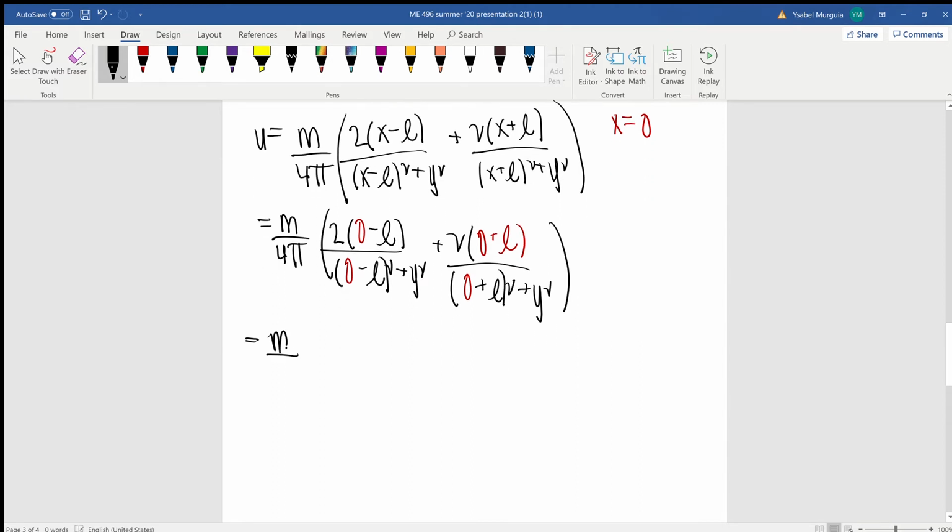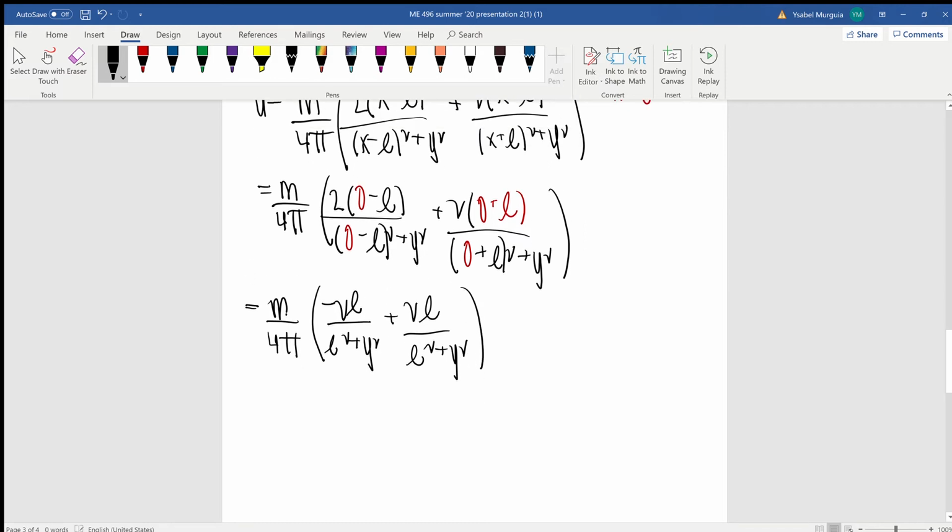Solving through for that, we do get m over 4 pi times negative 2l over l squared plus y squared, right? This is negative l squared. Again, this is not difficult math. L squared plus y squared. Okay, so we get minus 2l plus 2l. That is 0, common denominator, right? We can combine.